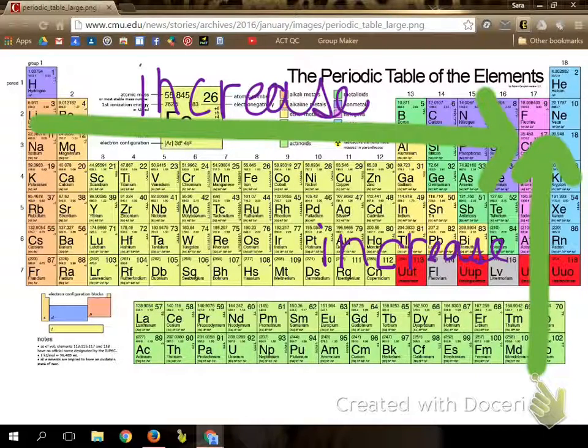Iodine is in its 5th shell. It's pretty far away from the nucleus. Still a little bit of pull, still 7 valence electrons that it wants to gain one more, but it's so far away from the nucleus that it has a little bit less strength to hold that electron in. So fluorine has by far the highest ionization energy. It's going to take a lot of energy for it to give up an electron. Okay.